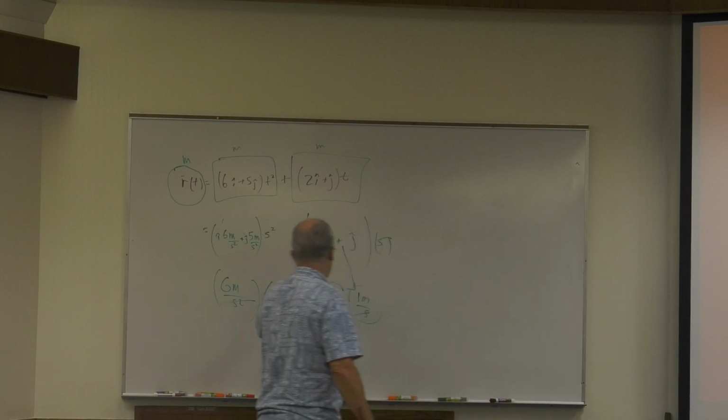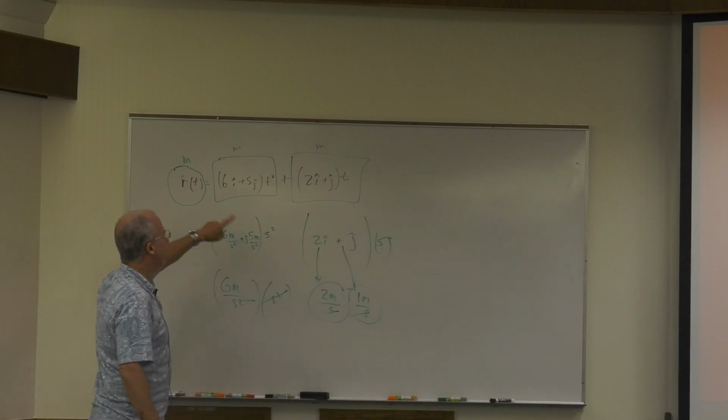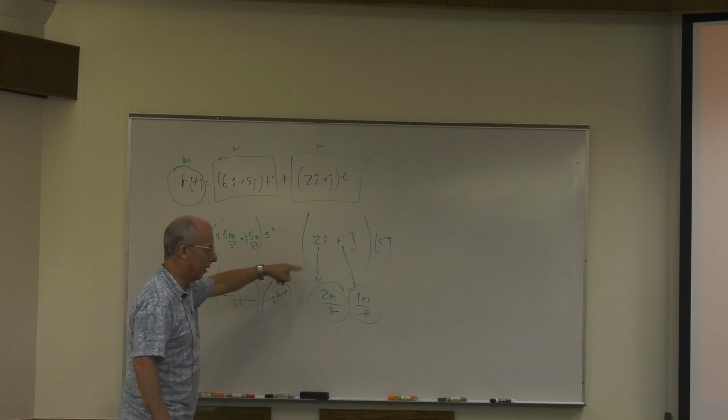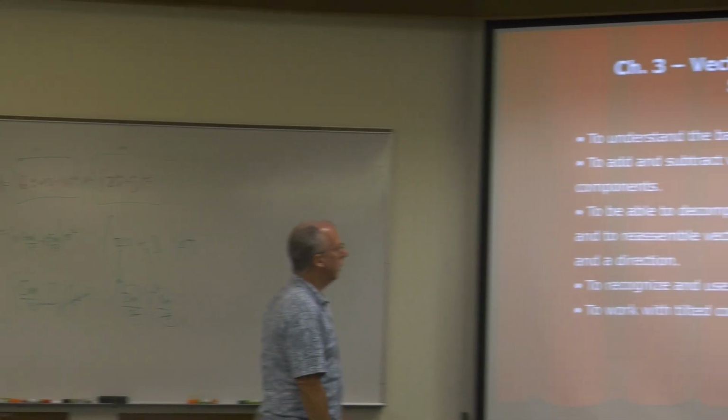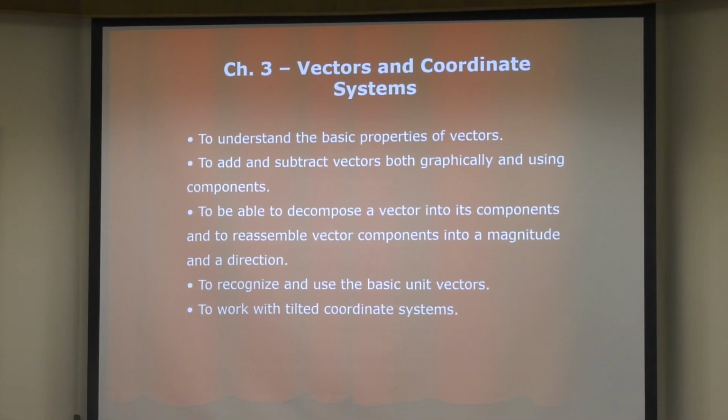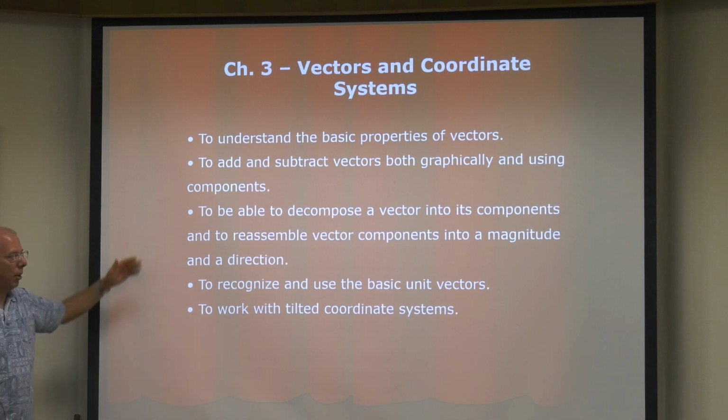Okay, so again, this is important, right? The units of the numbers there. Okay, so here we go. Let's summarize. So basic properties of vectors, magnitude and direction. We know how to add and subtract graphically. We did that a while ago. Now, if it's written in terms of IJK, it's simple, right? Just add and subtract. We know how to decompose a vector in components and then how to reassemble it.